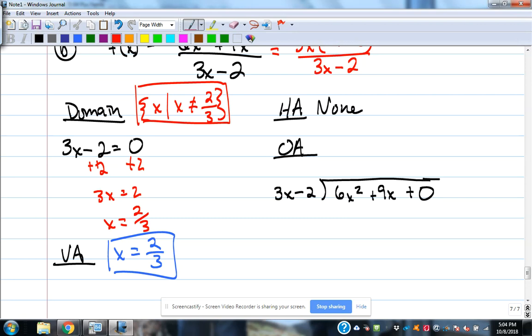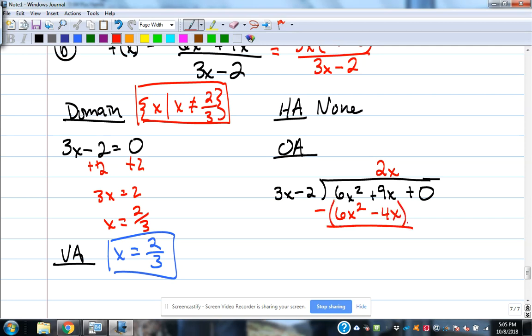slope-intercept form. This one's a little better starting off because we're looking at 3x. What times 3x will give me 6x squared? 2x. Good job. 2x up here. And then I take that 2x and distribute. 2x times 3x is 6x squared. 2x times negative 2 is negative 4x.